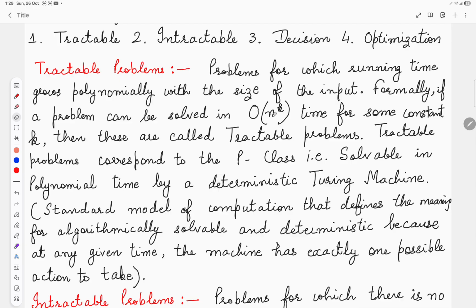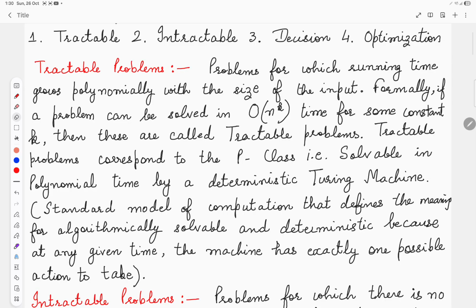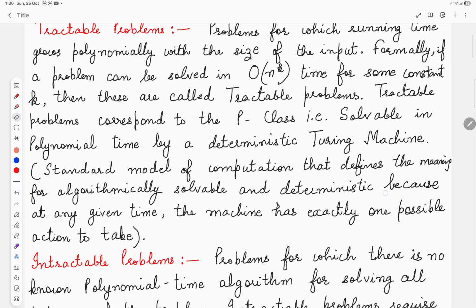K is a constant, it may be 2, 3, 4, but still it remains polynomial complexity. Then these are called tractable problems. Tractable problems correspond to the P class of problems, for which the running time grows polynomially with the size of the input. These problems are solvable in polynomial time by a deterministic Turing machine.